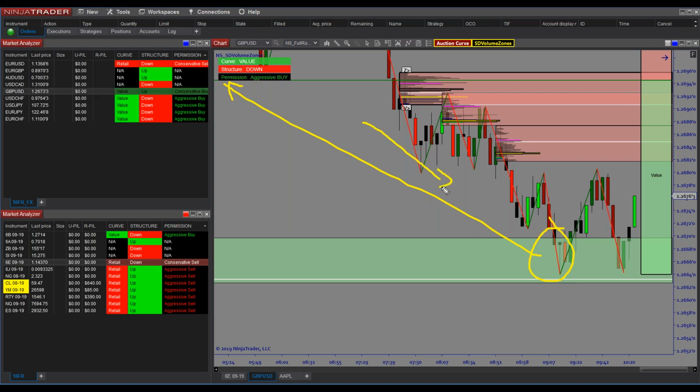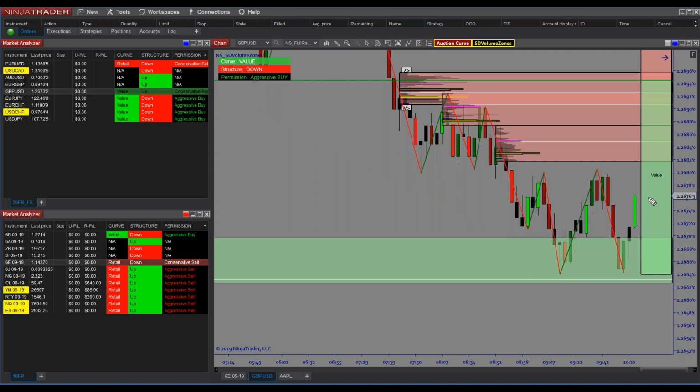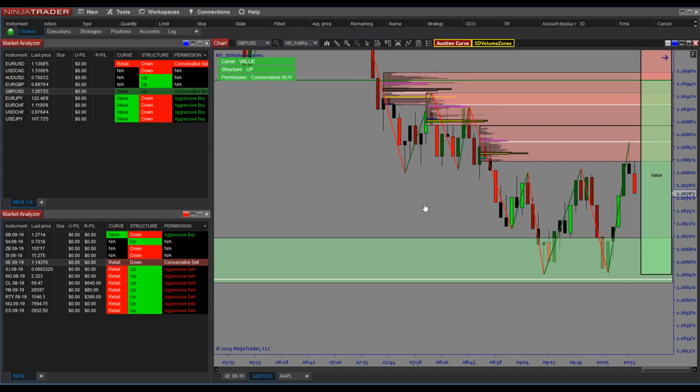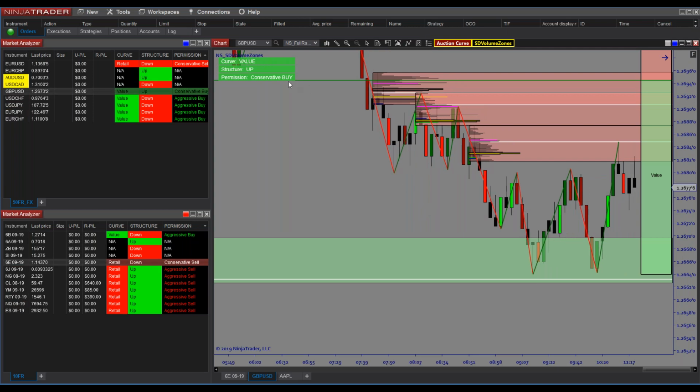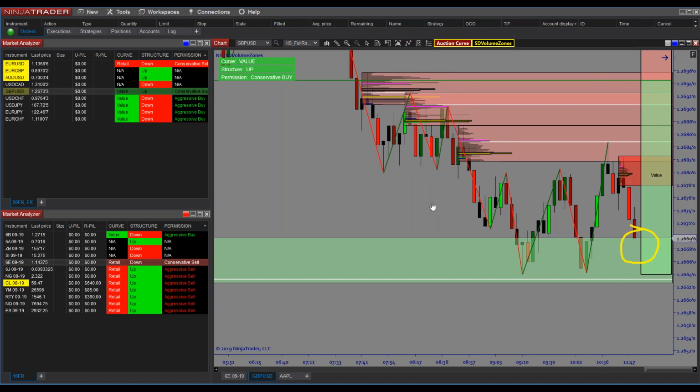Prices were coming down, coming down, coming down. This is the first opportunity for me to wait for price to give me a confirmation environment. So if I wanted to buy this demand zone now, I'm buying it with confirmation.